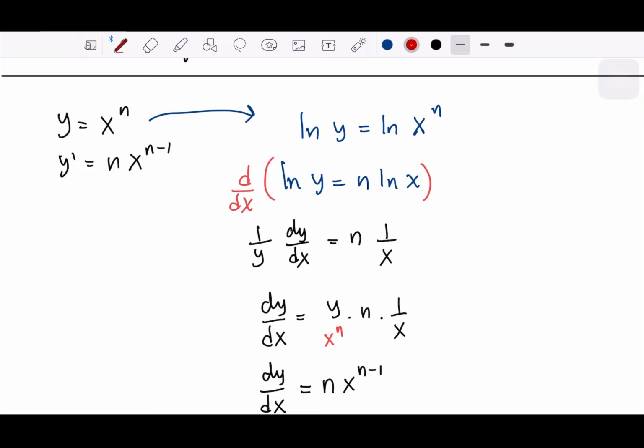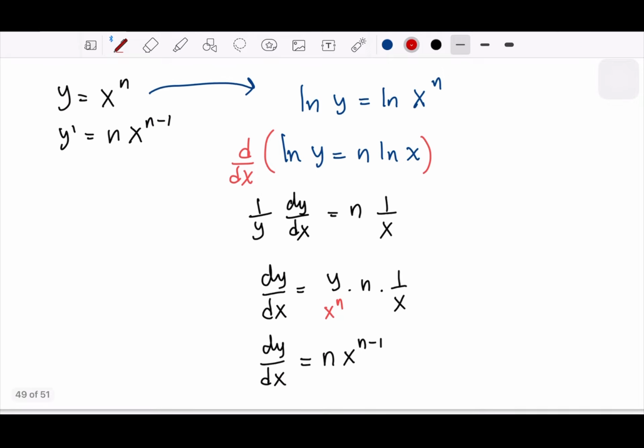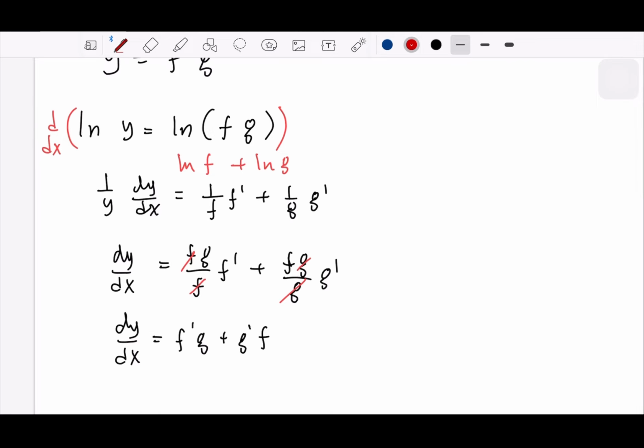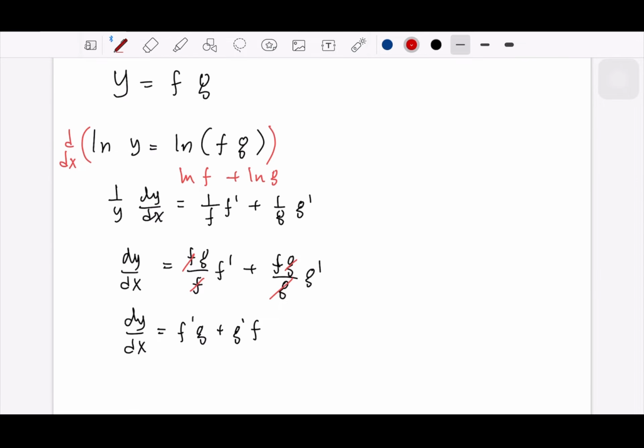Okay, this is the power rule. We can prove it using implicit differentiation. Also, we can prove the product rule. And if you would like to try it yourself, you can also prove the quotient rule. That's what I want you to try. For example, you can try f over g.